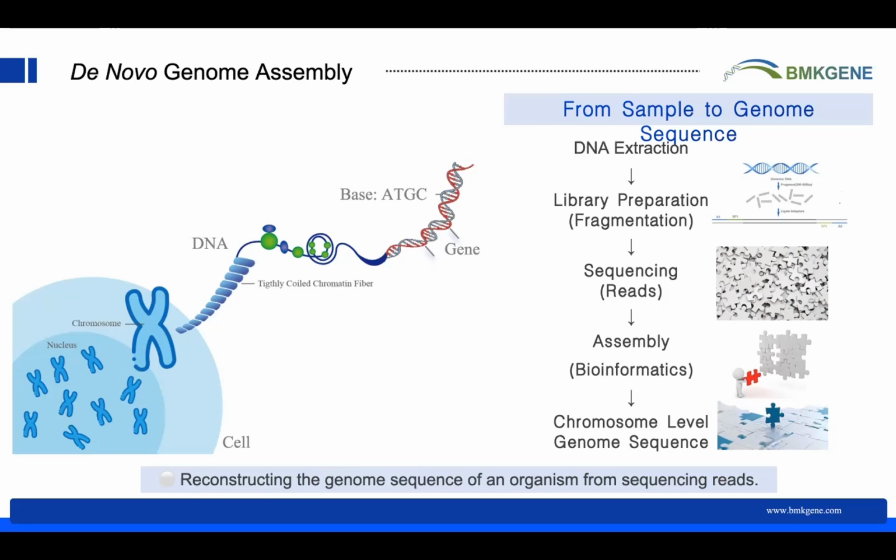After the sequencing, you will get the read sequence of each fragment. Then you can use these sequencing reads to do the assembly and have an overview of the genome sequence. This part is mainly done by bioinformatics analysis. After that, we could get the chromosome level genome sequence. That's the overview of how it works.